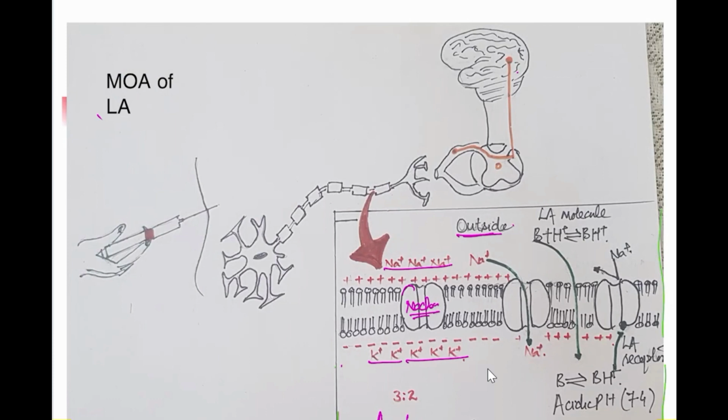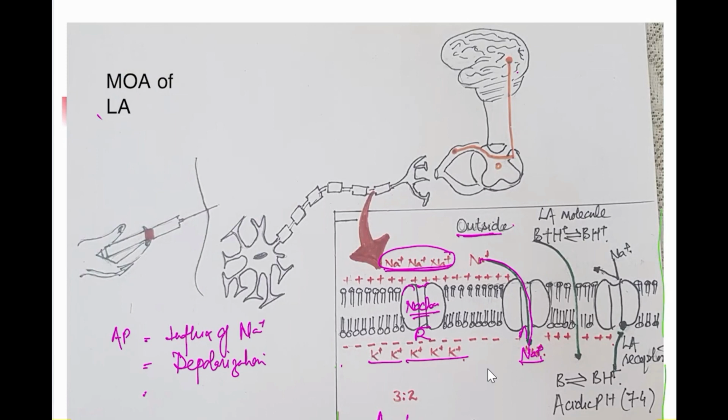What will happen once it crosses the threshold depolarization? These channel proteins, which are in a resting phase, get activated. Once they get activated, there is an influx of sodium ions. Once the sodium ion enters the cell, the action potential is generated because of the influx of sodium ions, and depolarization will happen, and this is going to cause the pain.